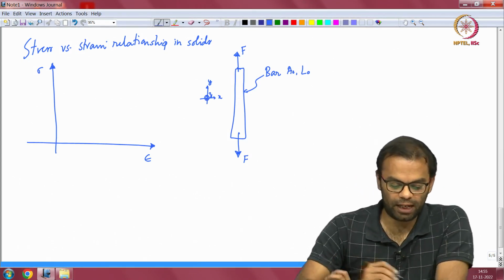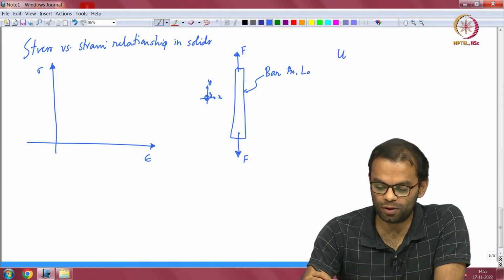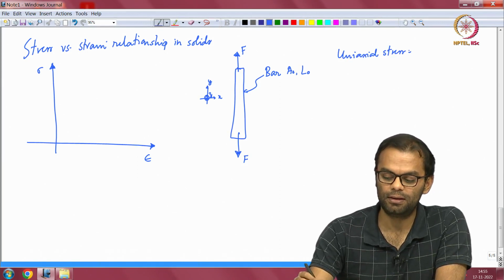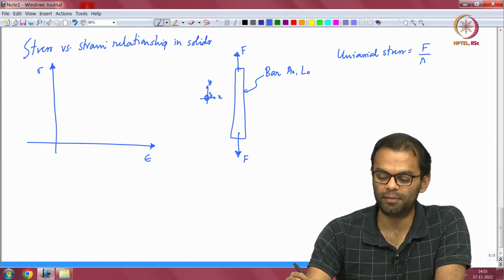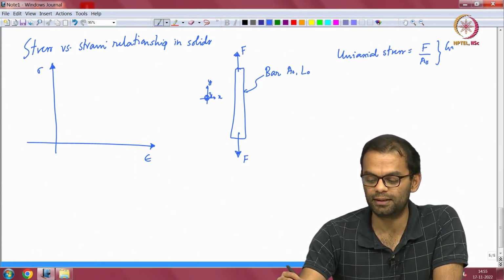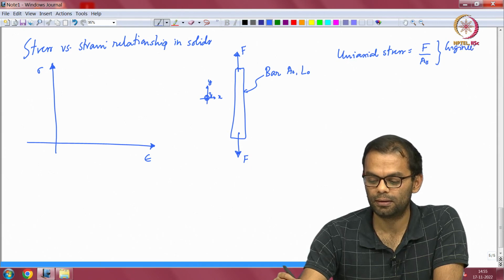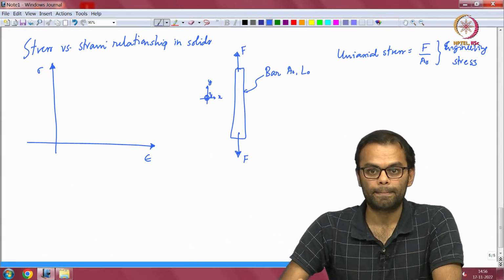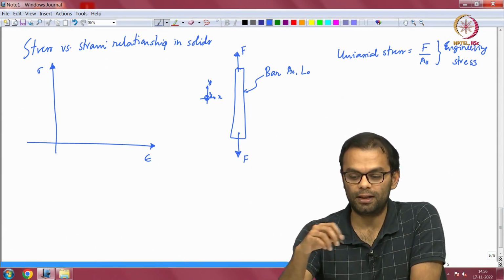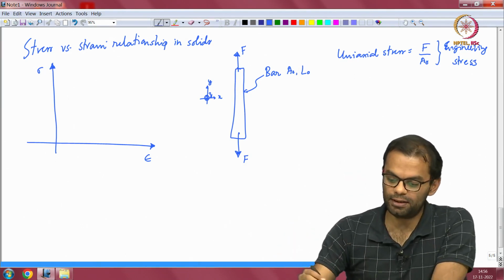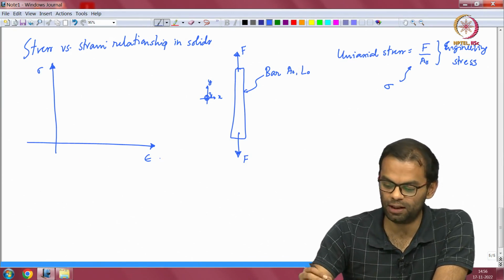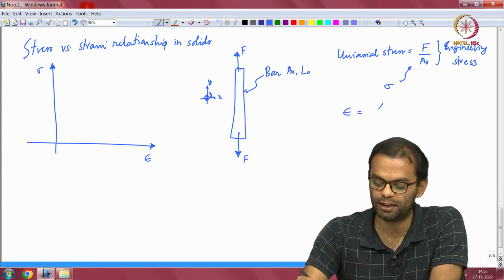And if I calculate what is called the uniaxial stress, this is just F divided by A naught, this is called the engineering stress. If I calculate this and I denote this by sigma and I look at a plot of sigma versus epsilon, I am now defining epsilon as the engineering strain.